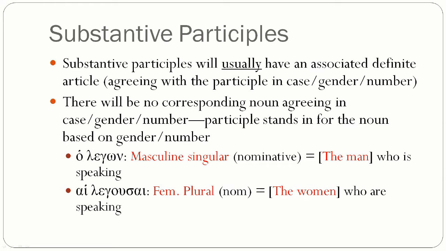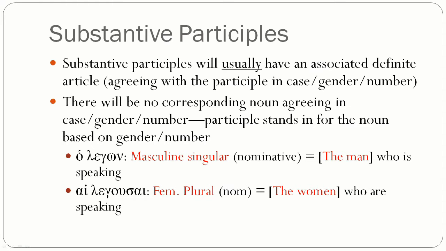All right, going to the next example there, hai legousai. Again, if this is not familiar to you, go back to section 1, or the first part of this chapter, chapter 20 in the textbook, and become familiar with these forms. Both of these are feminine now. They are plural and they're nominative, and that's been noted there in the red.